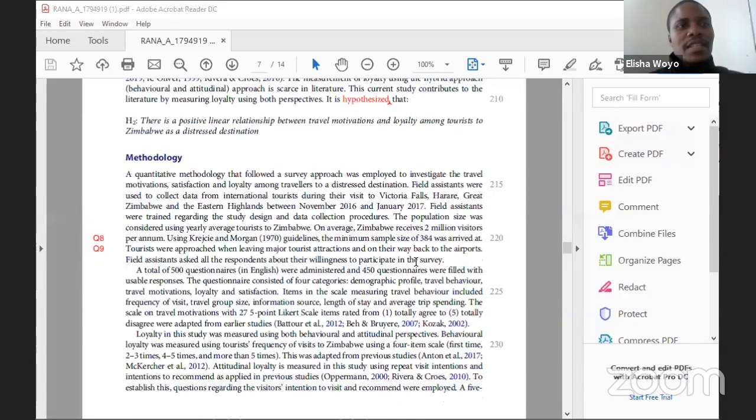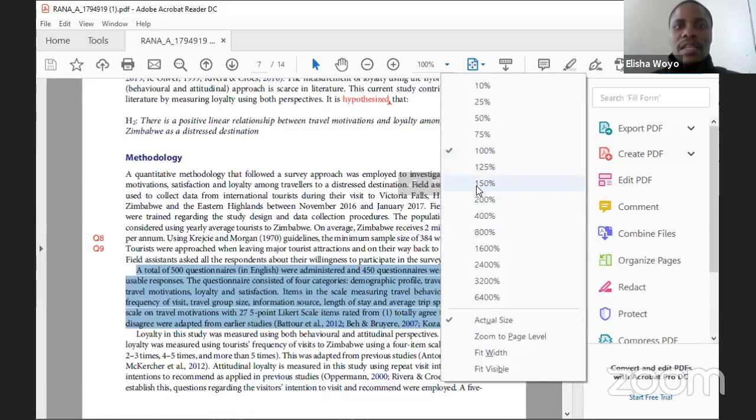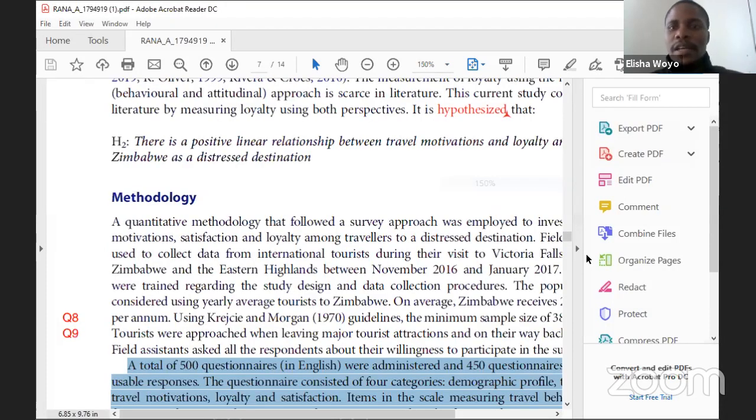This is my work, it is work in progress. If you can see this paragraph that I have tried to highlight, let me increase the font.